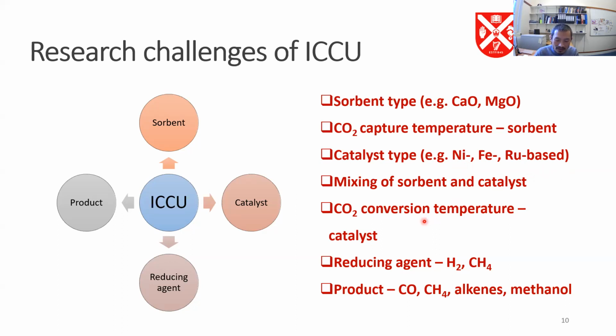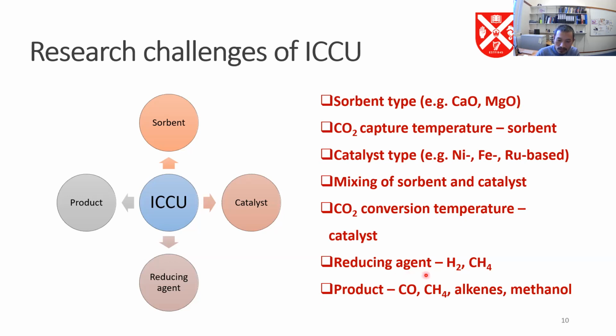And then the temperature. What kind of temperature do we want? Because different solvents work at different temperatures, like high temperature solvents, calcium oxide, magnesium oxide works at around 300. Or if we use MOF or biochar, that works normally at room temperature.